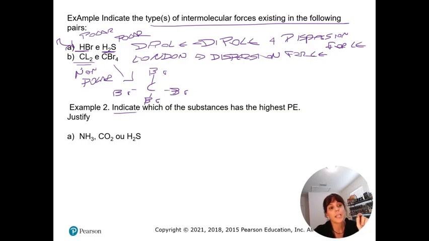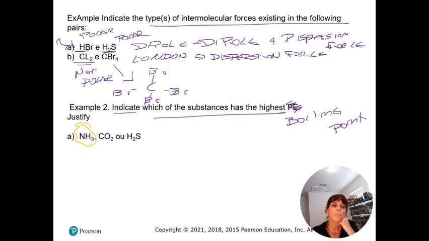And here, indicate which of the substances has the highest boiling point. So here we have ammonia. Remember, hydrogen bonds happen when you have hydrogen connected to fluorine, oxygen, or nitrogen, right? And I have nitrogen connected to hydrogen here, so I have a hydrogen bond, which is stronger than any other, but we can keep going.